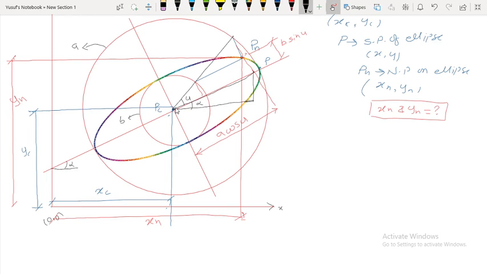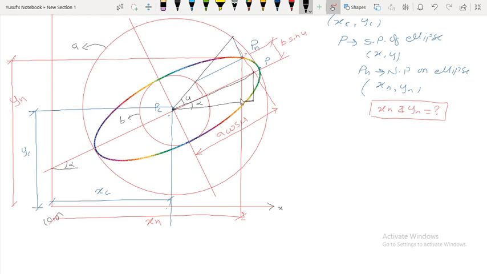It is a 90-degree triangle, so we can calculate this vertical length.